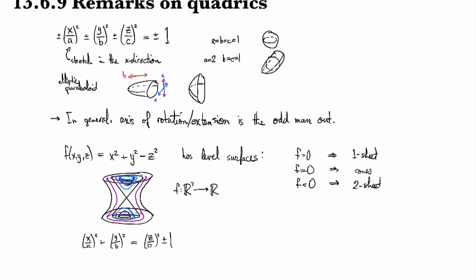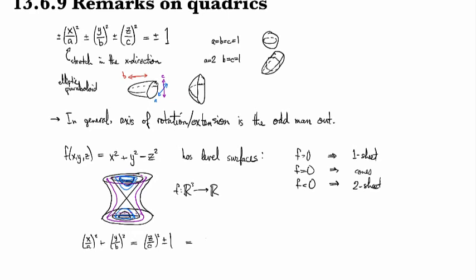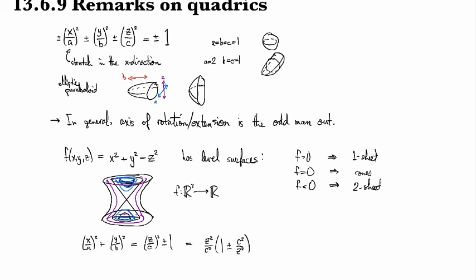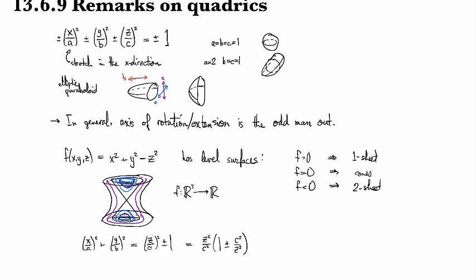I can factor out a z squared over c squared from both terms on the right-hand side. So the first one just has a 1, and then the other one has plus or minus c squared over z squared, right? So that's just rewriting it in a funky way, except that watch what happens now if I take the limit as z gets large.